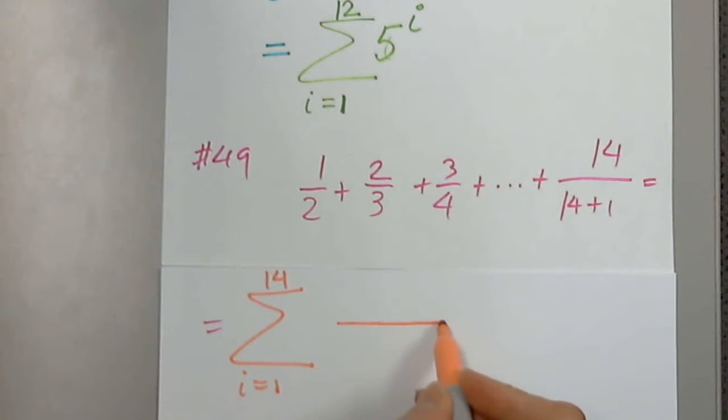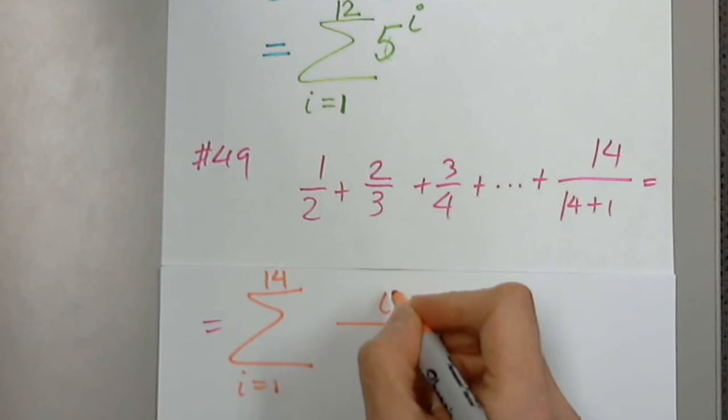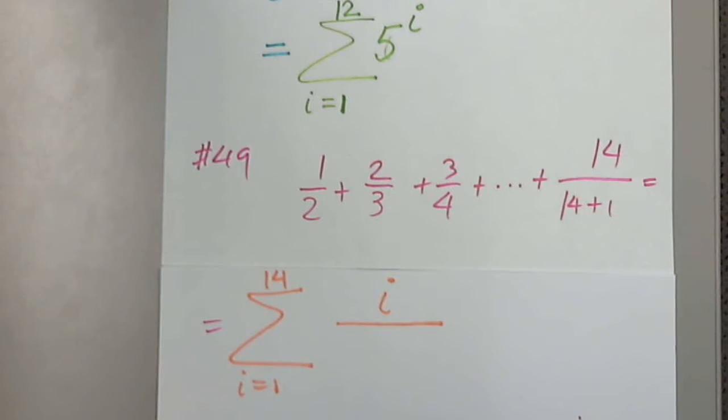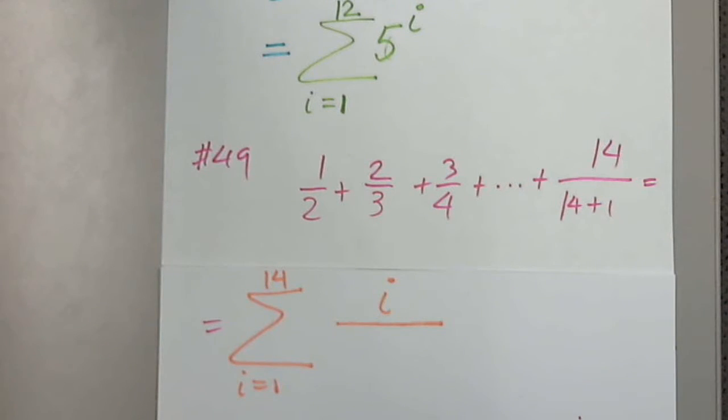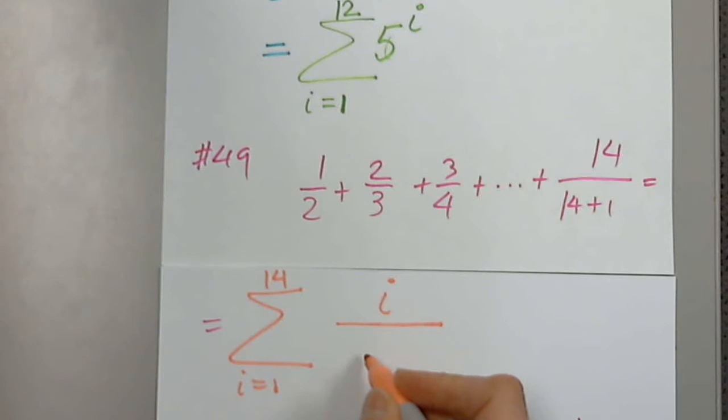Obviously, it's a fraction. What do I have at the top? Very good. But if I have top and bottom, then the last one is going to be 14 over 14. But it's not 14 over 14. So what do I have in the denominator?